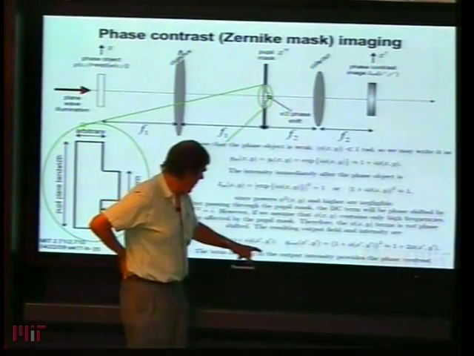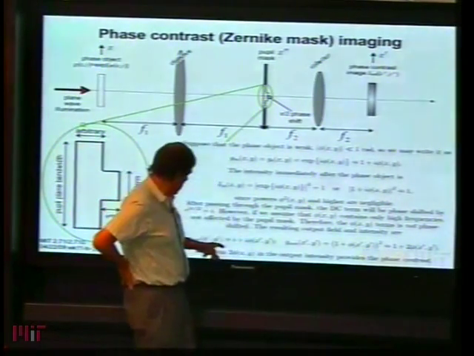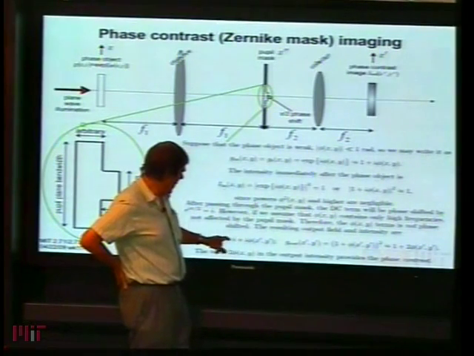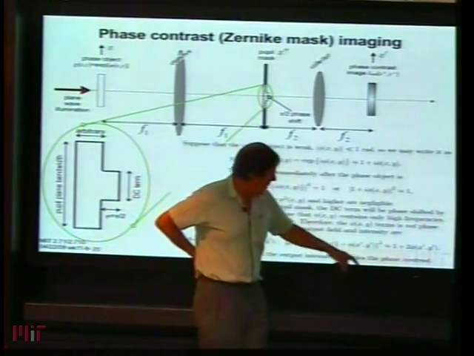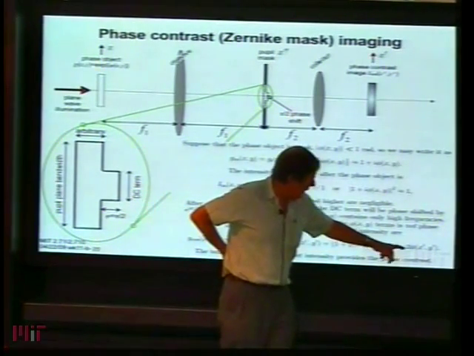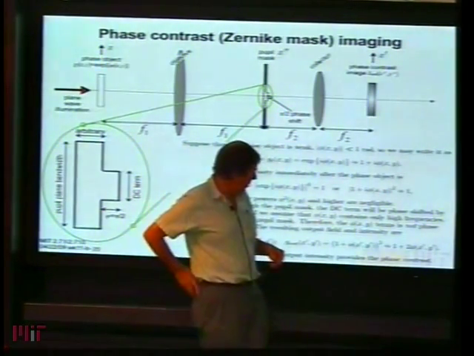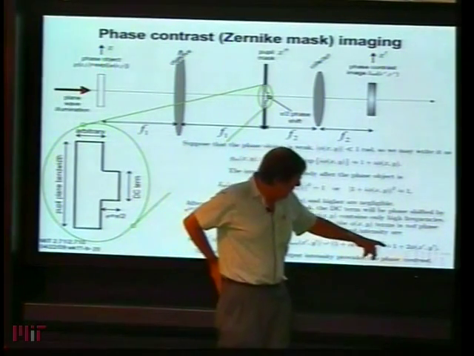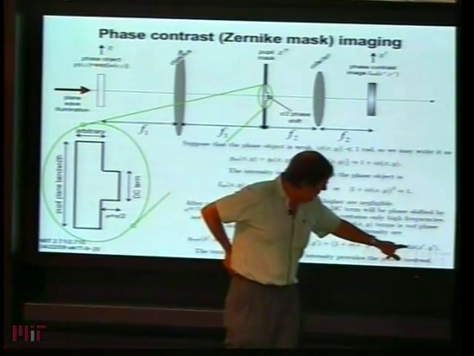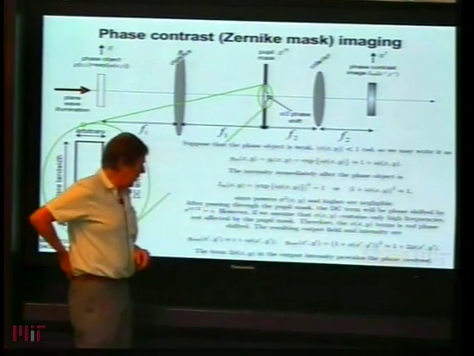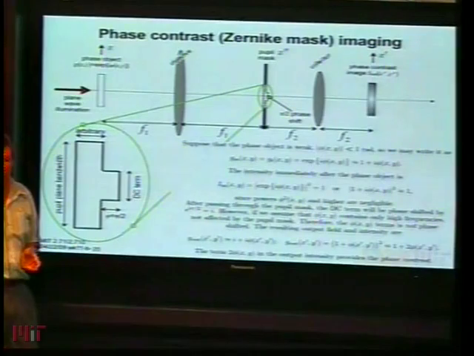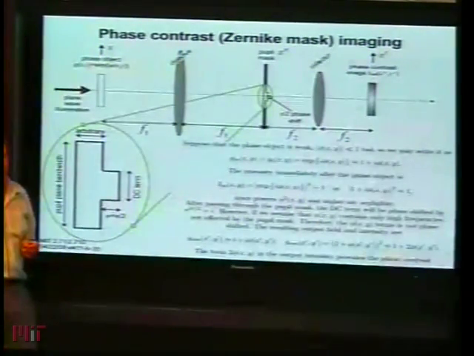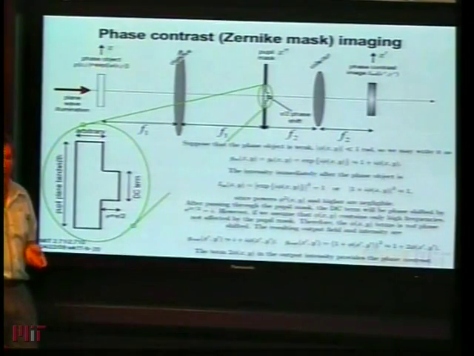The intensity that you see is the modulus squared of this, which is 1 plus phi squared, which, because phi is small, we can expand to the first two terms of the series, and we get 1 plus 2 phi. So now we're getting an image where the phase is visible to the order of the weak phase object phi.